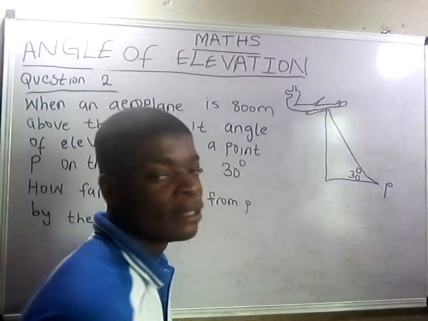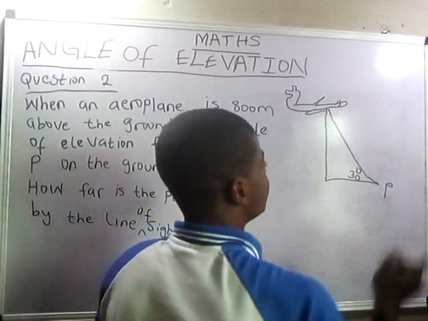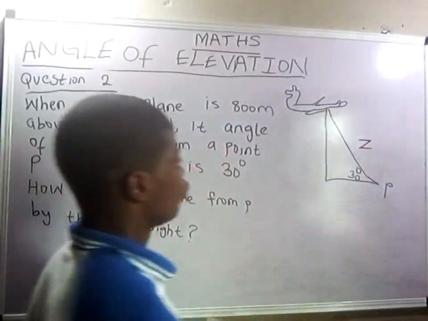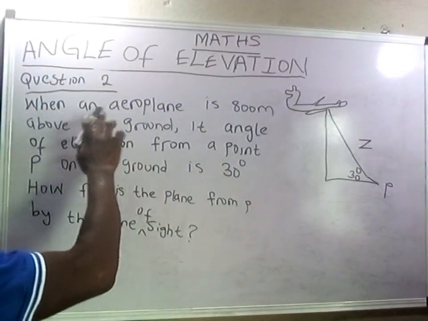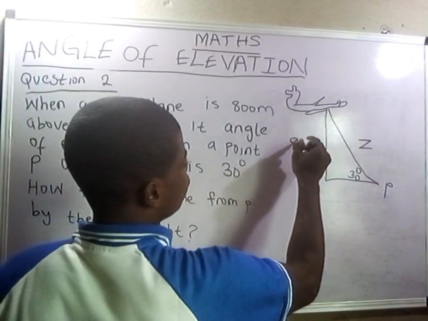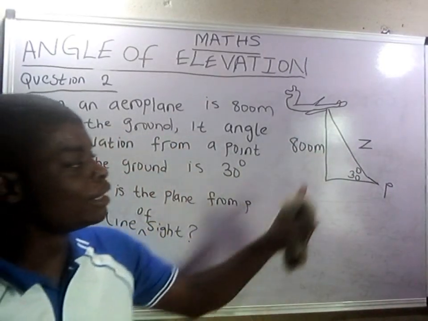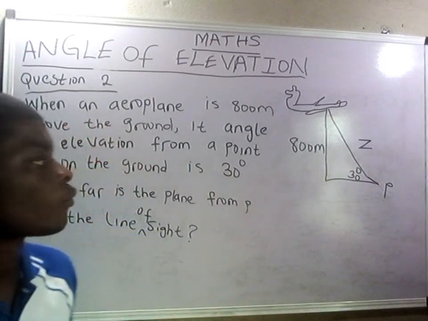This is how far from the point P, from here to here. Let's call it Z. From the first statement, an aeroplane is 800 meters above the ground, so here will be 800 meters. So we have been able to interpret this question.